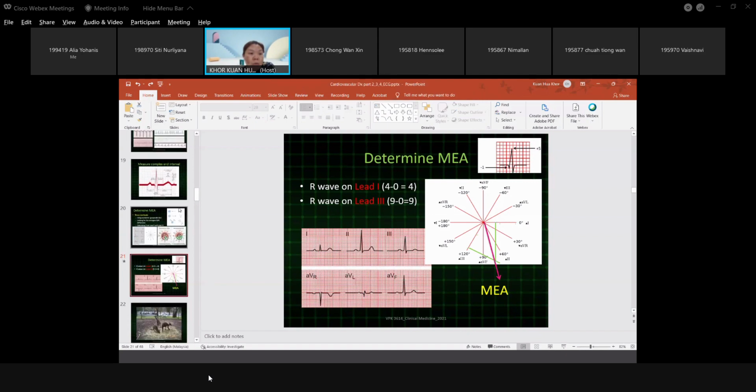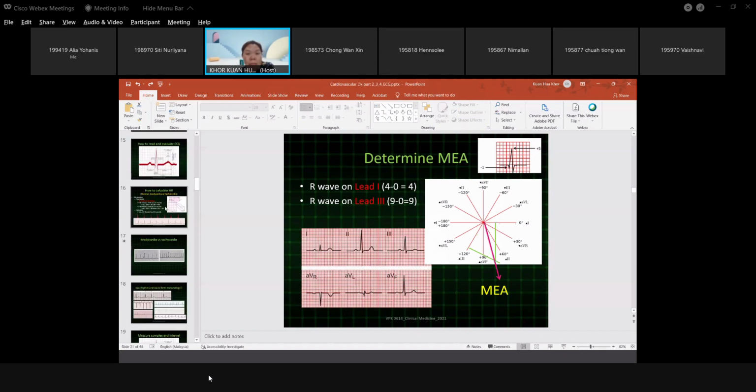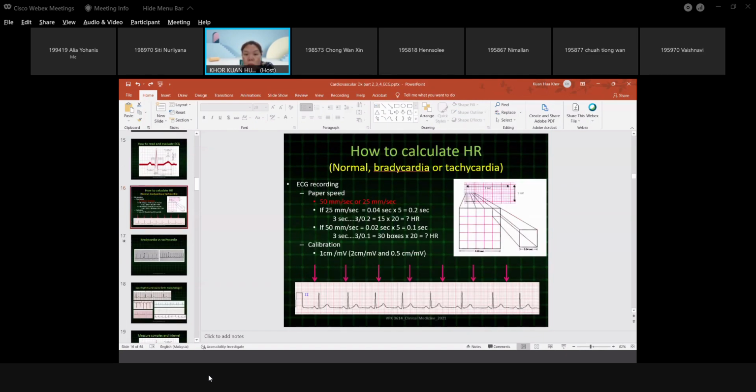Some of you may have problems with the calculator. This is how I calculate it so that it becomes faster for me. But there are actually many ways and you don't have to follow my formula. I choose 3 seconds because it's easier to calculate. For speed, you have 50 millimeters per second and 25 millimeters per second.